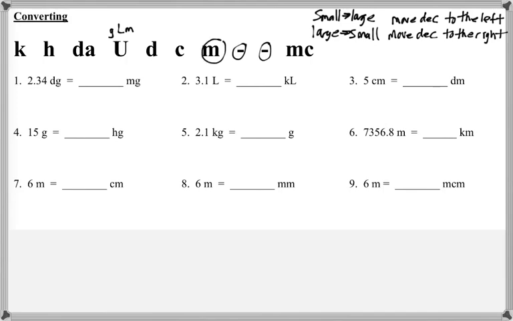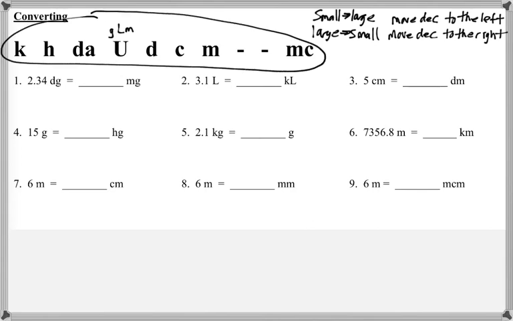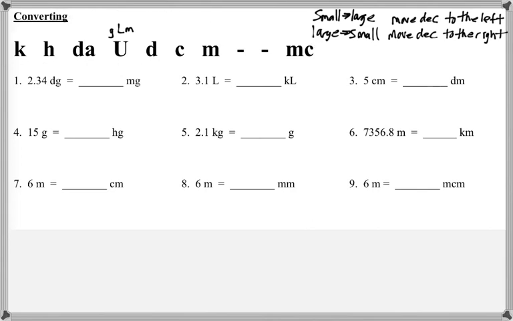So M is 1/1000th, and MC is 1/1,000,000th. So there isn't really a name for these two, but we need to have place values there. So again, this will kind of help us convert from one to the other.